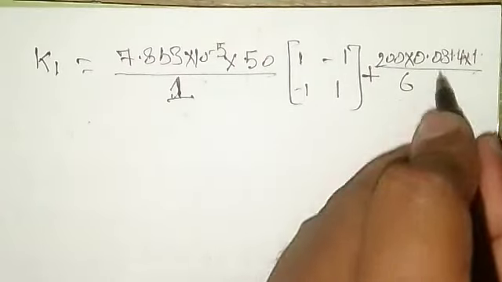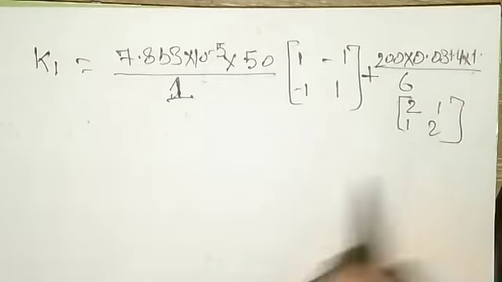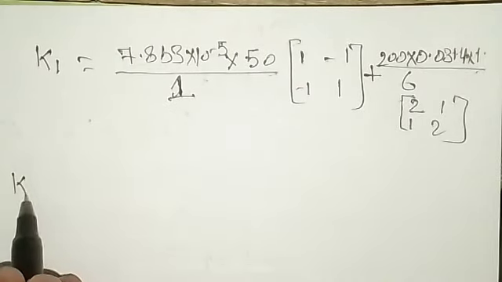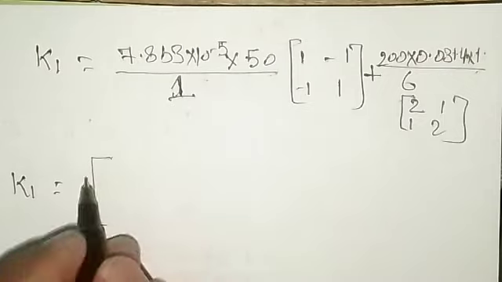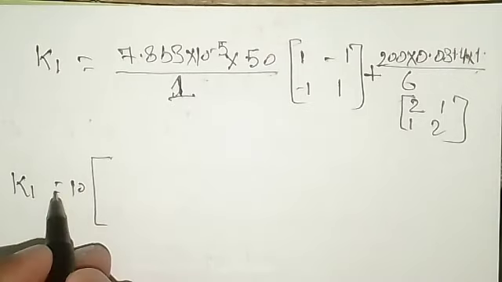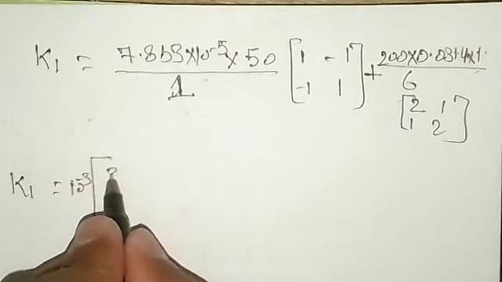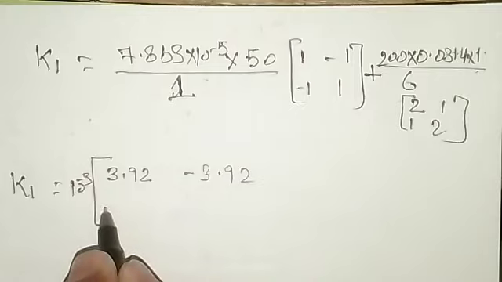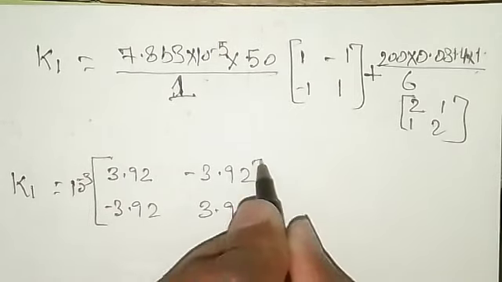Here only, that's continuation. This is the 2 1 1 2, right? So while you simplify, you will get the values like this. That is K1 is equal to, on simplification you will get 10 to the power of minus 3, right? Into 3.92, minus 3.92, minus 3.92 and plus 3.92, right?